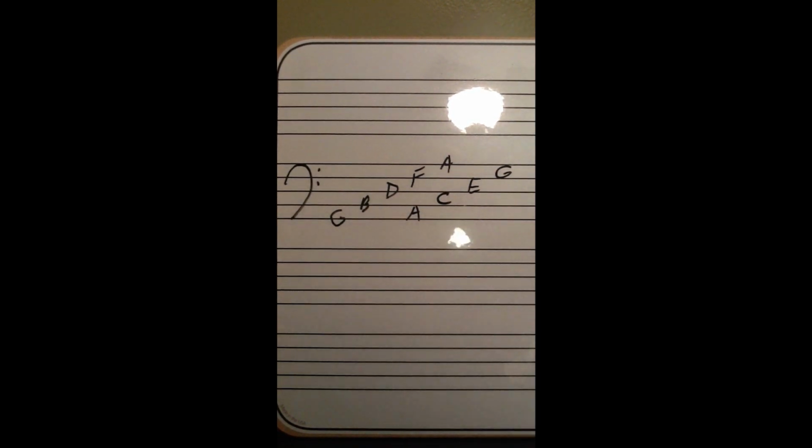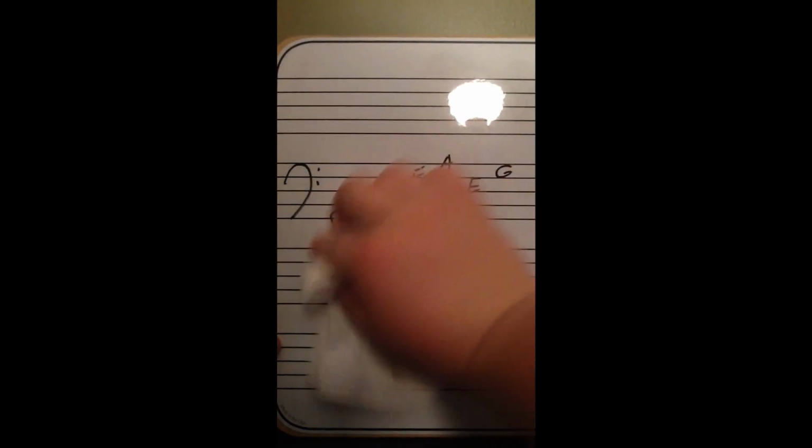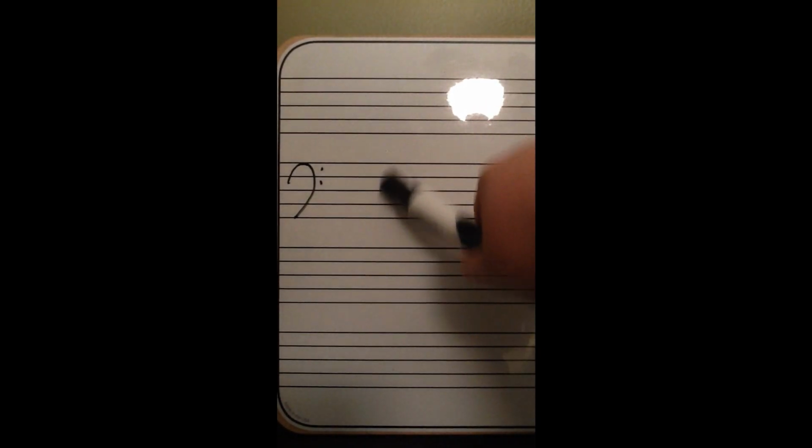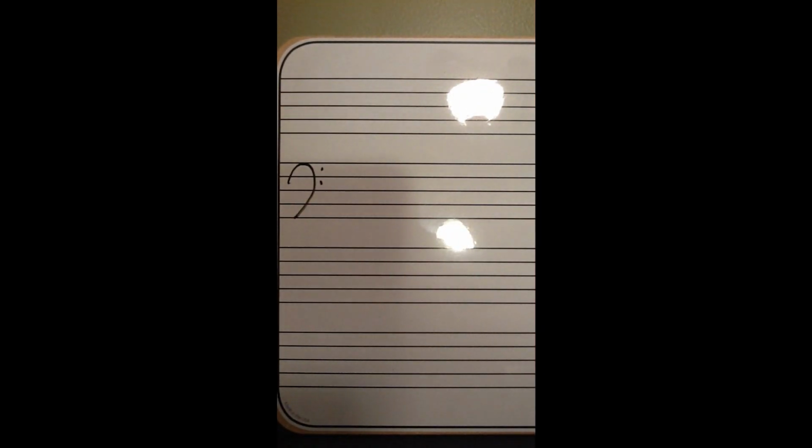Okay, so now let's talk about ledger lines. Let me erase this here, and I'll keep the bass clef. We'll start with the bass clef. Most people start with treble clef, but you can start with either one. So a ledger line is a line that extends beyond the 5 lines.